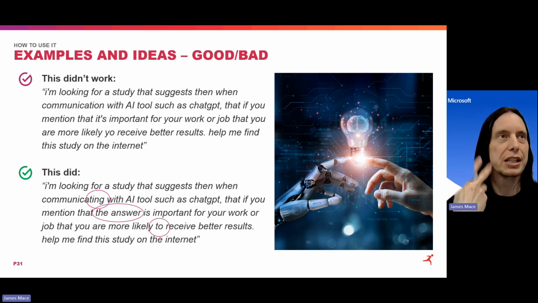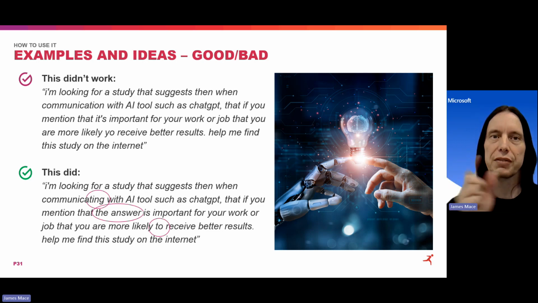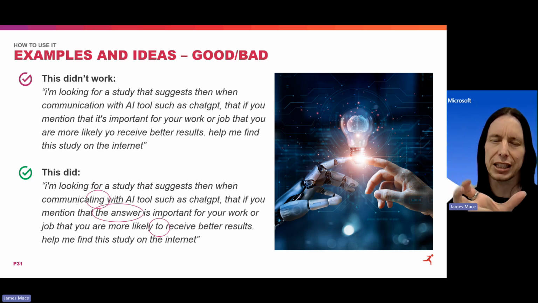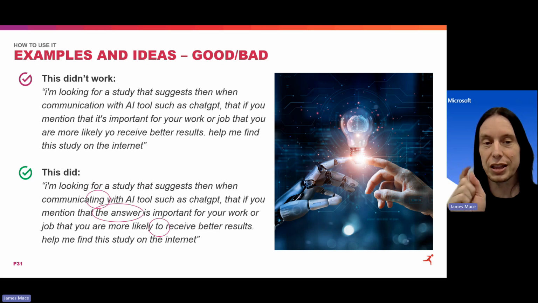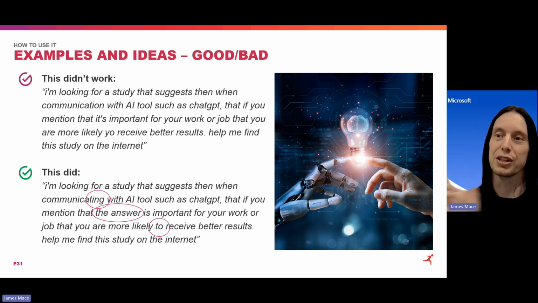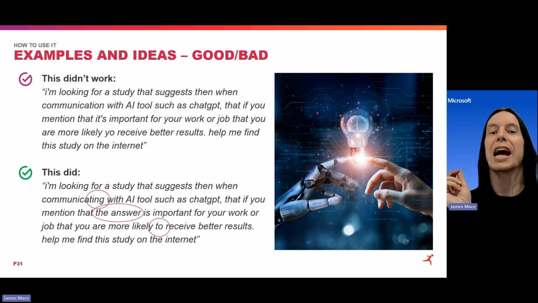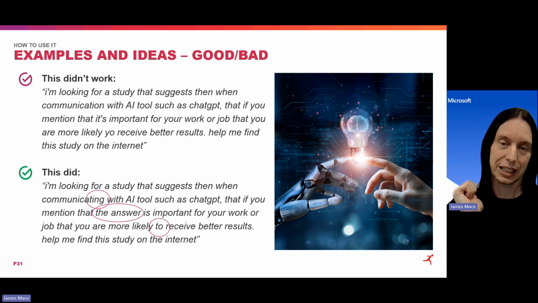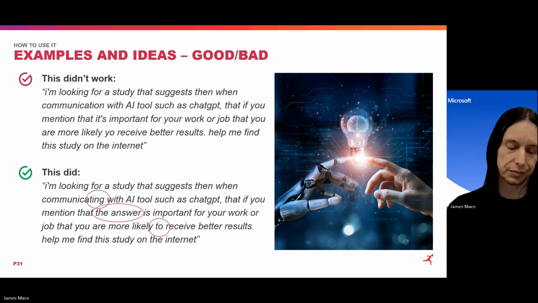As humans, that's a bit lazy on our part, because we infer or maybe know what we're talking about, and we have that context. But the AI tools don't, as previously mentioned, and I keep going on about. So I changed that one line to mention the answer is important to your work. We're talking about the answers that come out of AI tools, and that got me the result, got me the link, and we're going to talk about that link in a minute.